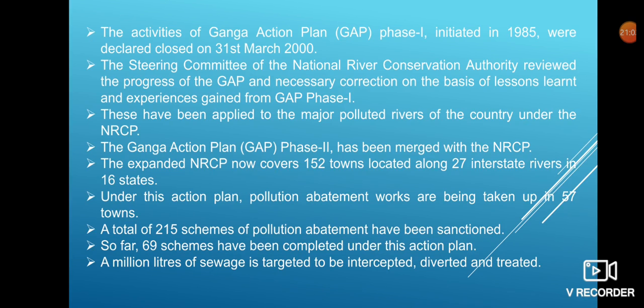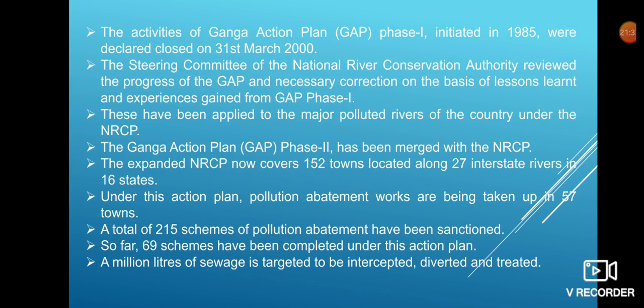The Steering Committee of the National River Conservation Authority reviewed the progress of the GAP and made necessary corrections on the basis of lessons learned and experiences gained from GAP Phase 1. These have been applied to the major polluted rivers of the country under the NRCP.